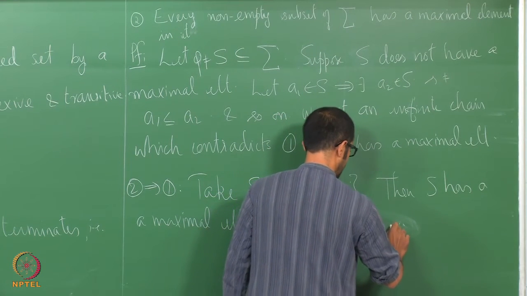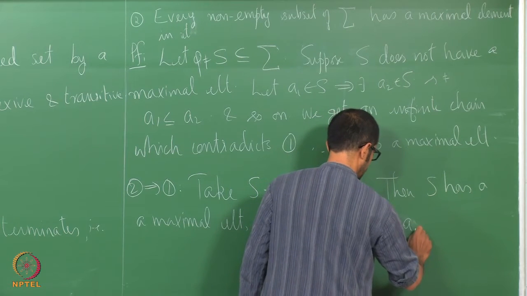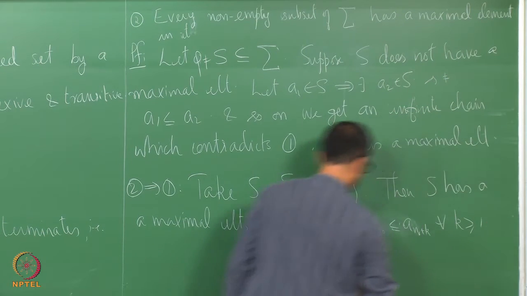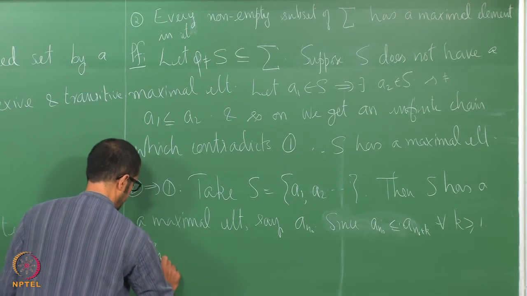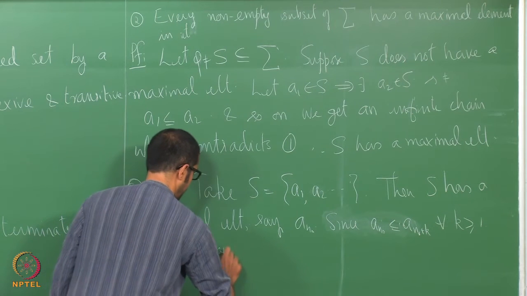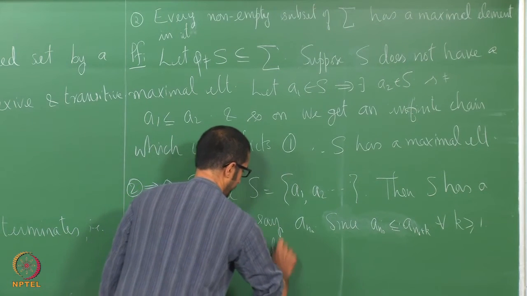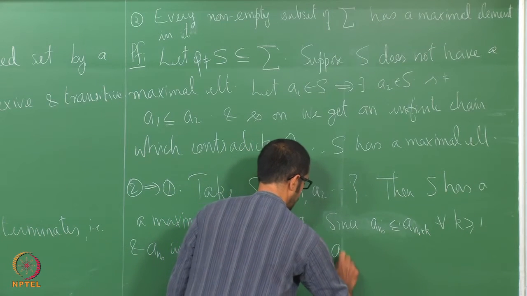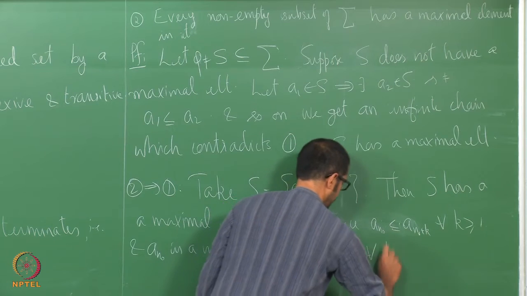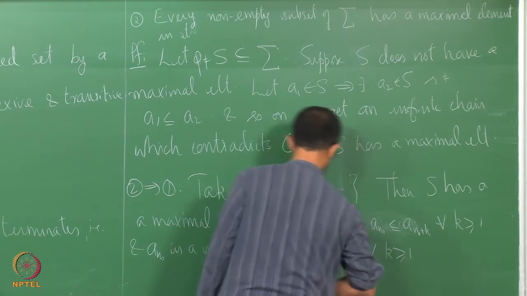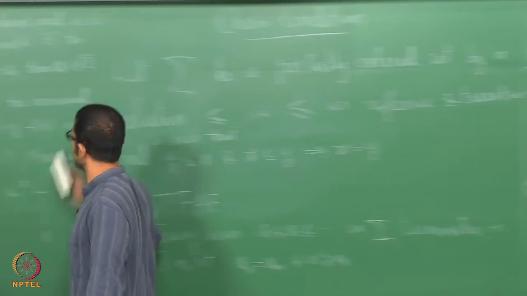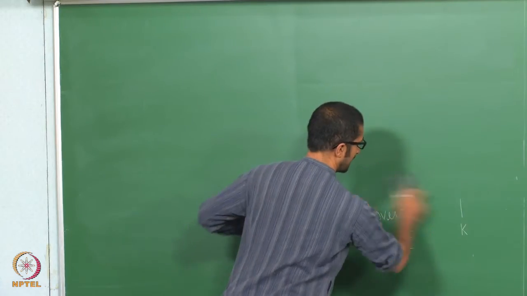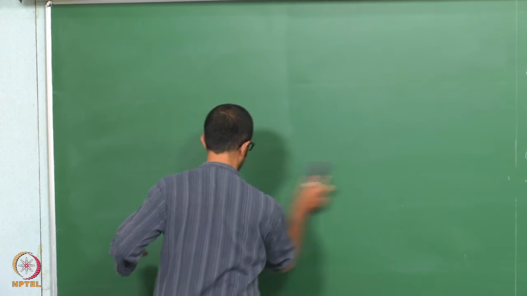Since A n naught is less than or equal to A n naught plus k for all k bigger than 1 and A n naught is a maximal element, A n naught is equal to A n naught plus k, and that is exactly what statement 1 says.